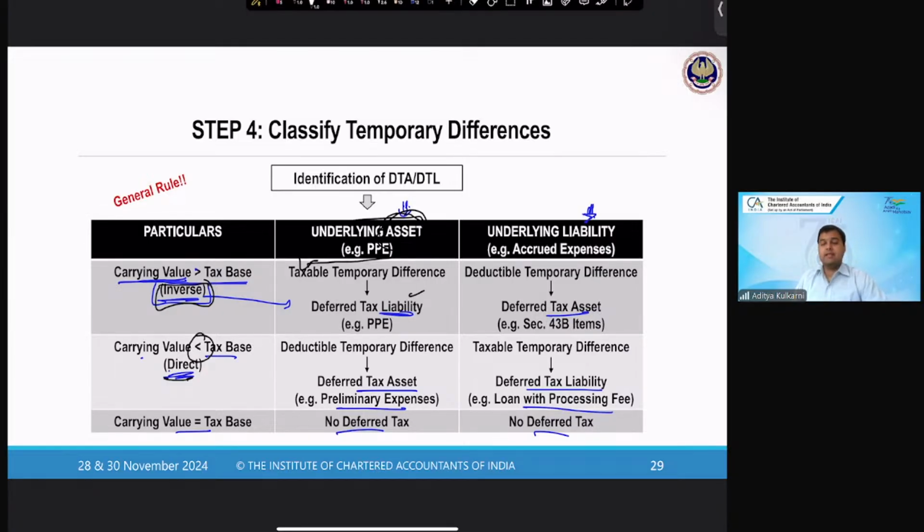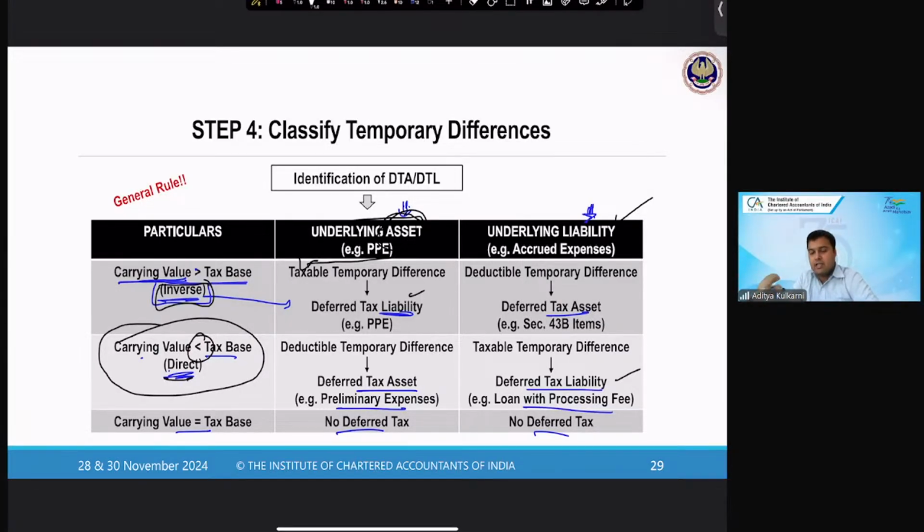Is it okay? Yes, sir. All right. Direct relationship: carrying value less than the tax base of a liability, straight relationship, so it will give rise to a DTL. A liability carrying value less than the tax base of a liability.